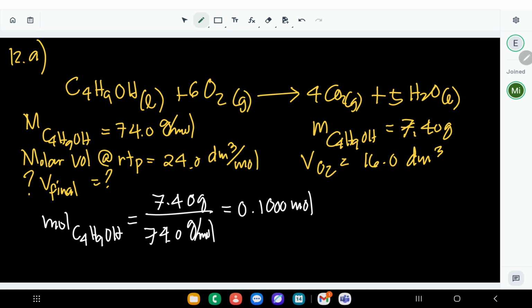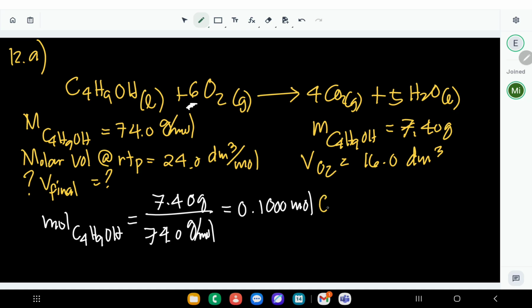And from the reaction given, we need 6 moles of oxygen per mole of butanol. That's the ratio, so we can multiply this by the mole ratio.